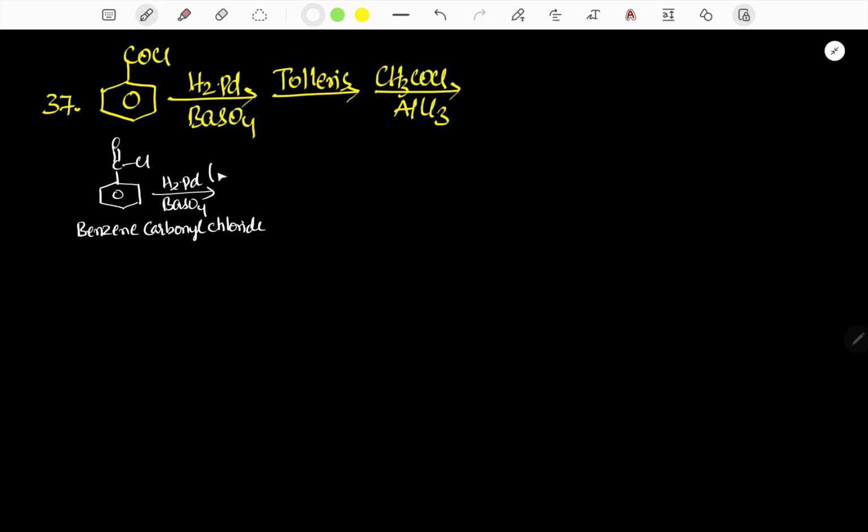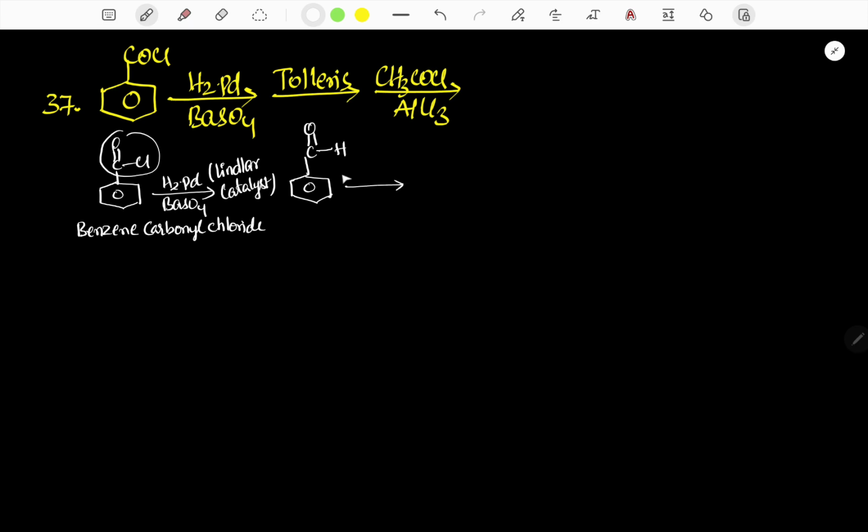This is known as Lindlar catalyst. So when you use Lindlar catalyst, COCl undergoes partial reduction. This carbonyl chloride undergoes partial reduction. Simply, it forms benzaldehyde.